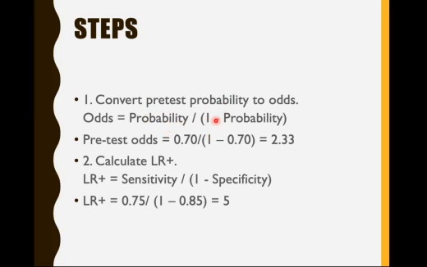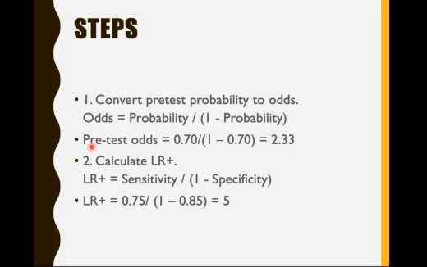The pre-test probability of the patient having Alzheimer's disease is 70%, that's 0.7, divided by 1 minus 0.7, or 0.7 divided by 0.3, and that's equal to 2.33. So the pre-test odds are equal to 2.33.